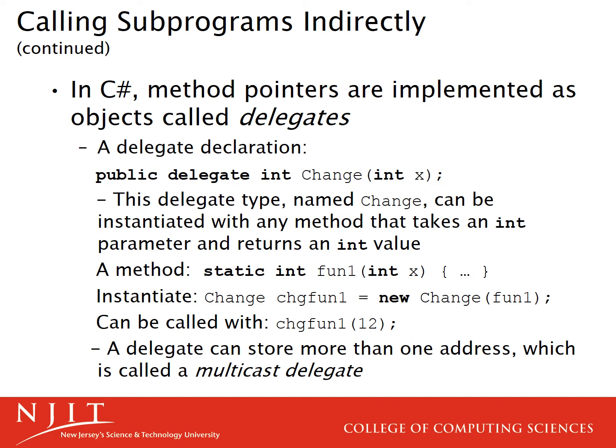It can be instantiated with any method that takes an int parameter and returns an int value, and you can initialize it any way you want to. Delegates can store more than one address, which is called a multicast delegate. C# does this a little differently, and this delegate concept is actually a pretty clever and useful idea.